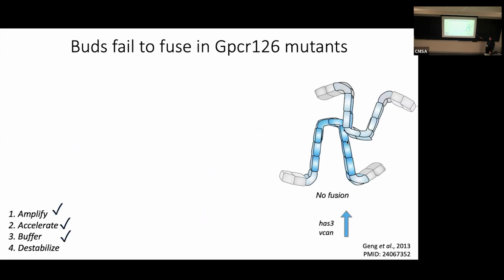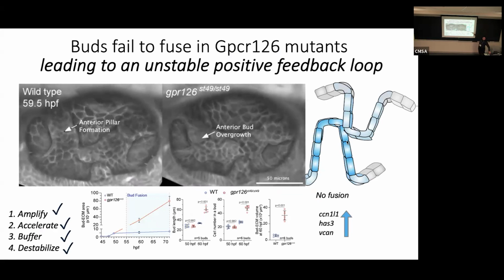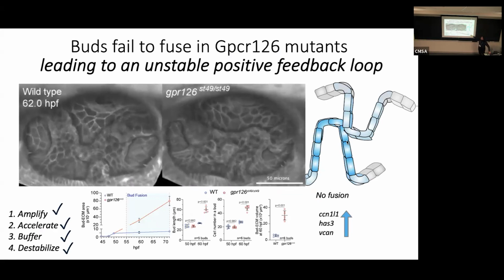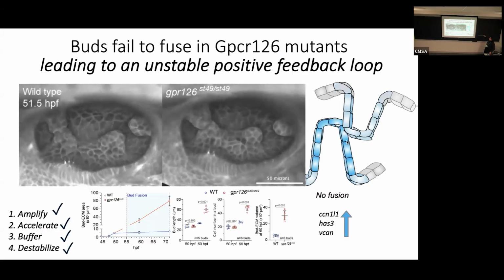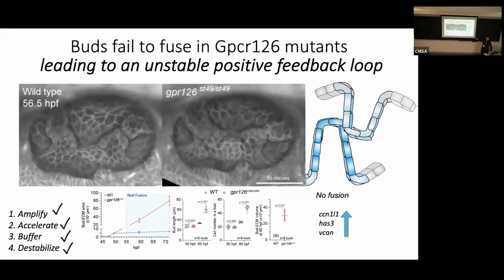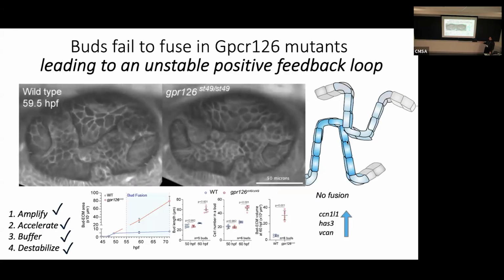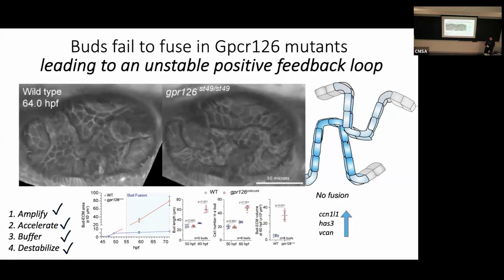When we use this mutant, Yusuke finds that the buds overgrow significantly. Their volume increases nonlinearly. The CCN1L1 expression and hyaluronan synthase and versican expression is all there, so the buds keep growing. So indeed, the termination signal is coming from when the buds meet each other.